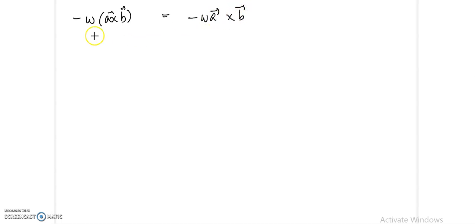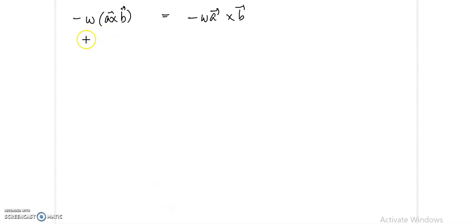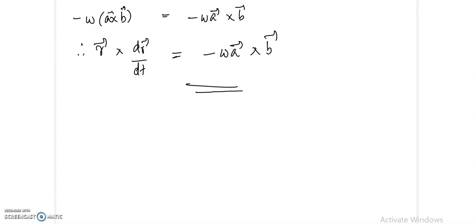Okay, because this is the same as multiplying a row of a determinant. So this can be put in the form minus omega a cross b, so that is the required value we need. So therefore r cross dr by dt is equal to minus omega a cross b, so that is the required solution.